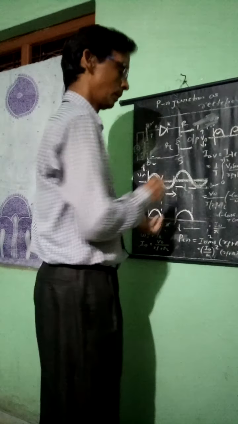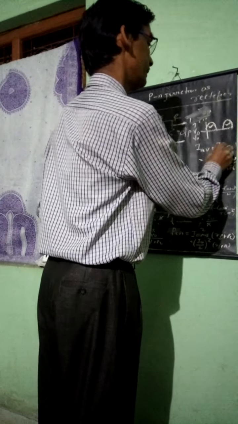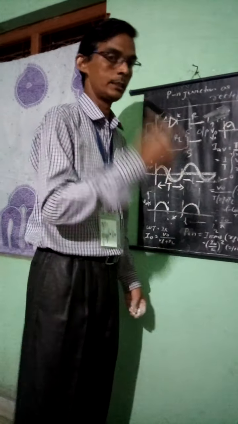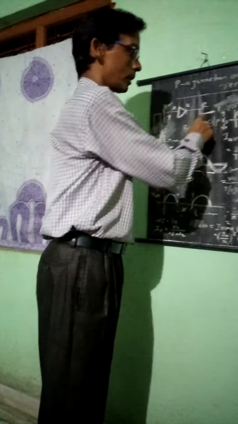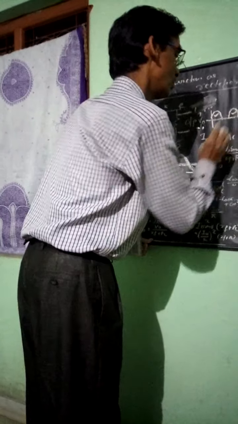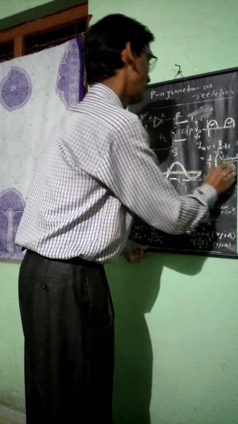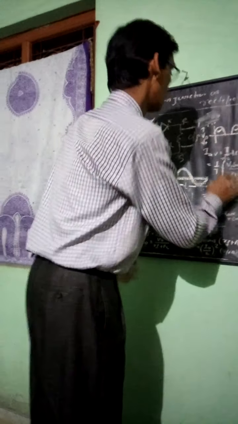Now, the average current should be taken, which is called IDC, present on the output side. What part of IDC current flows through this load resistor? That is equal to 1 by T, the integration from 0 to T by 2 for the half cycle, of V naught sine omega T, which is the sine wave, divided by the total resistance in the circuit.